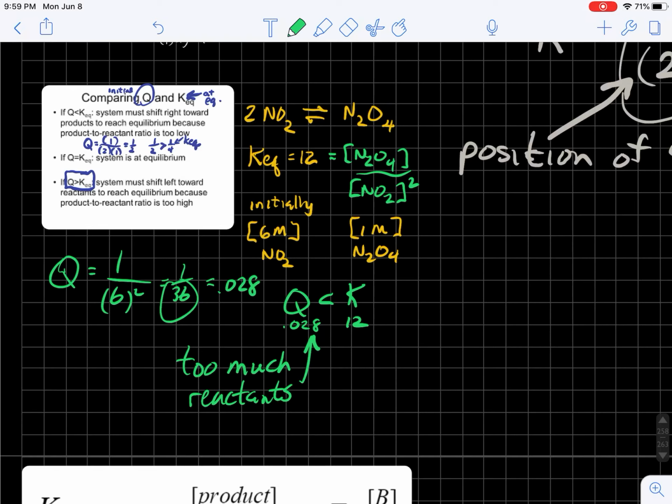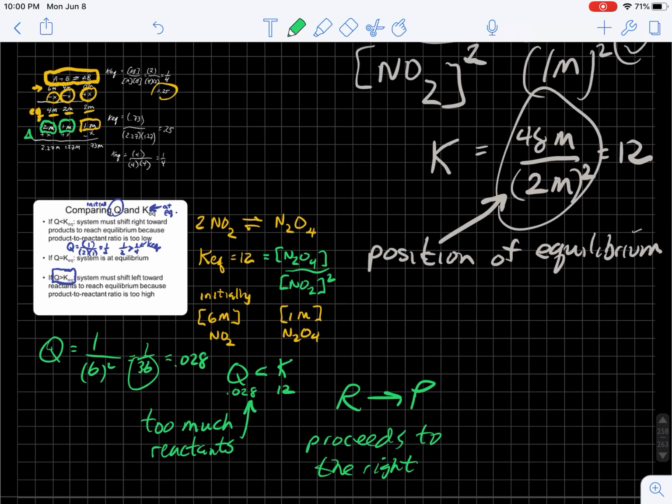So we're going to have to take some of those reactants and turn them into products in order to reach equilibria. So we would say that this reaction proceeds to the right to reach equilibria.